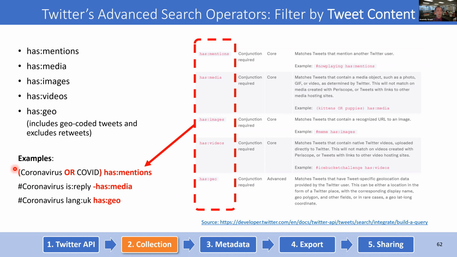Examples. I want to have any tweets that mention either the keywords or hashtags coronavirus or COVID. But I also want to make sure that only tweets that mention somebody else, some other accounts, are included. So that's the first example. Note that I use parentheses just to make sure that this has:mentions operator is not automatically attached to the keyword COVID.